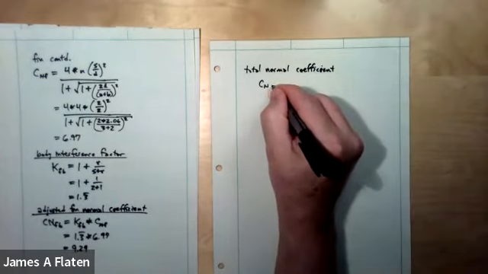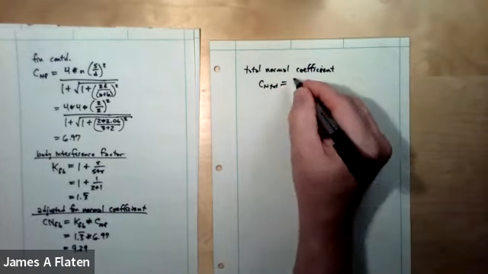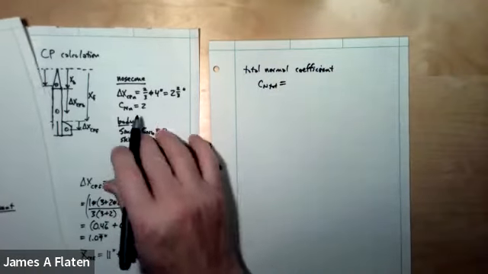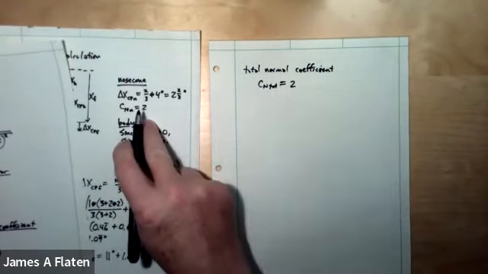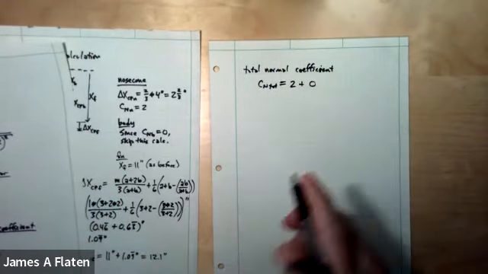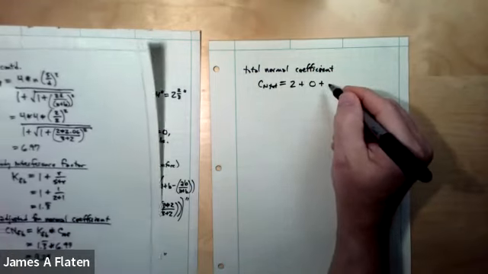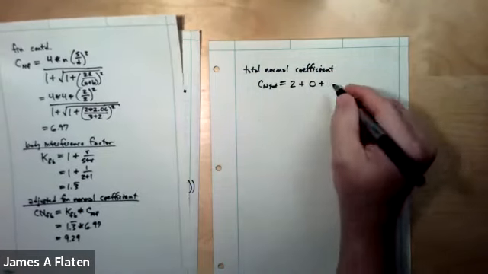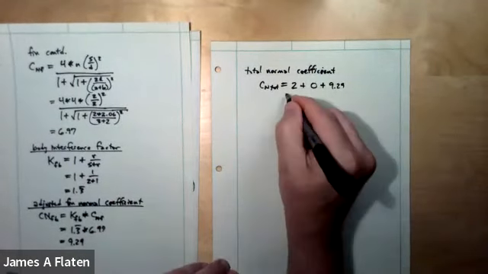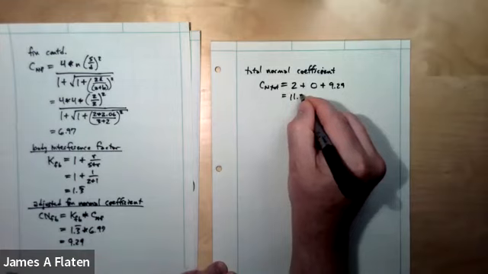So here Cn total is, I'll go back, it's 2, that's for the nose cone, plus 0, that's for the body, plus 9.29, that's for the fin. So that becomes 11.29.